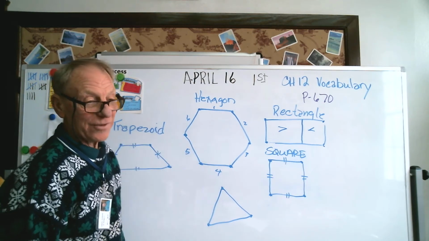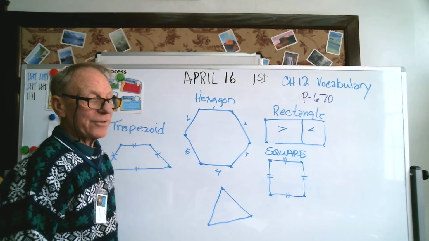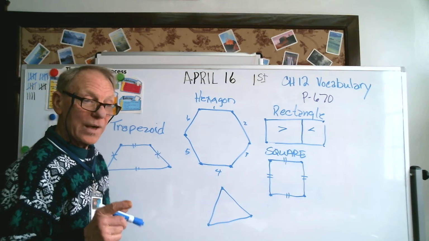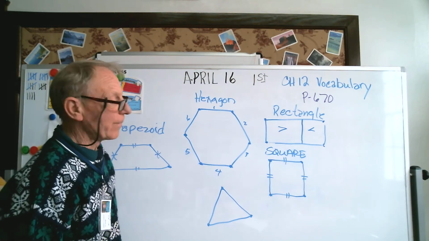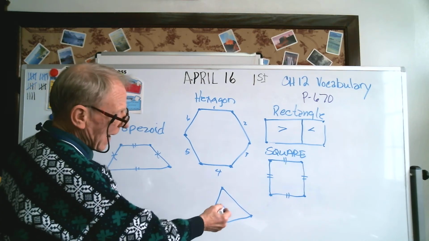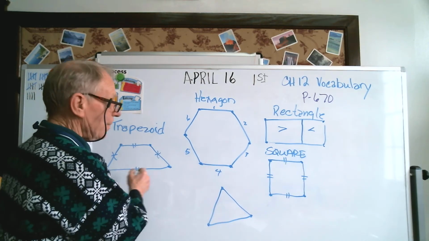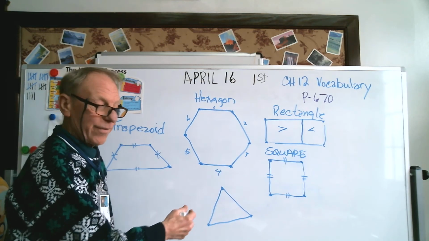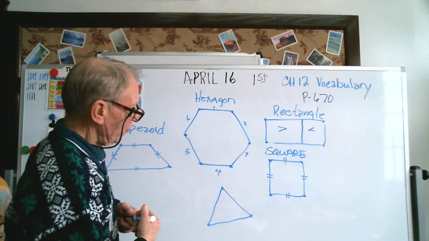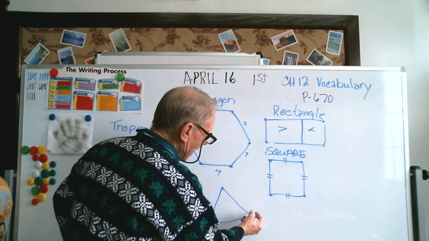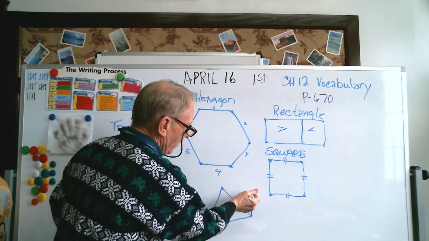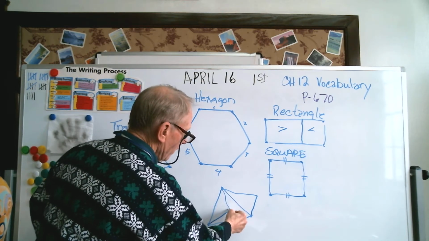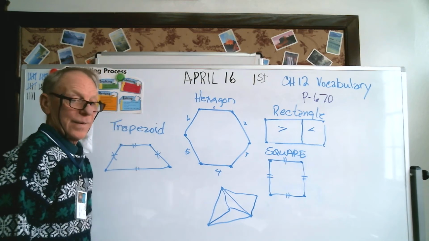Notice they are all flat. They are not 3-dimensional. That's what it means to be 2-dimensional. They all have lengths and heights, but they don't have depth. So there's no width. If I was to add width to this, what I would end up with is a pyramid.